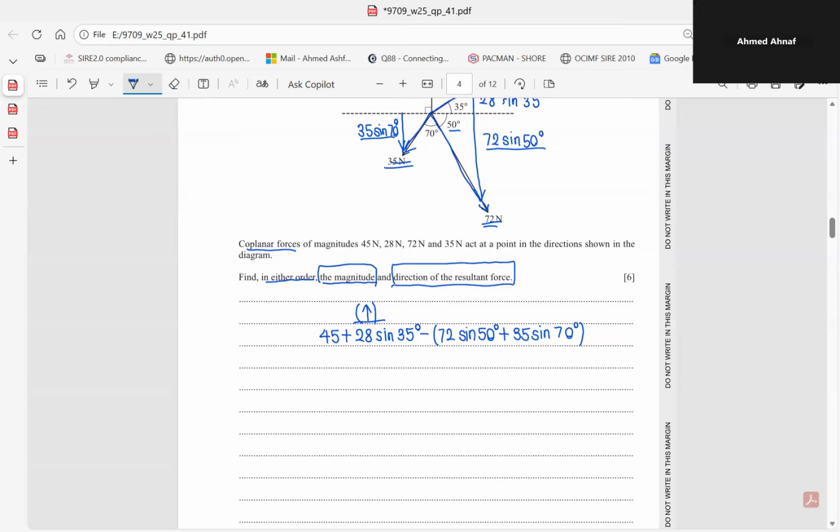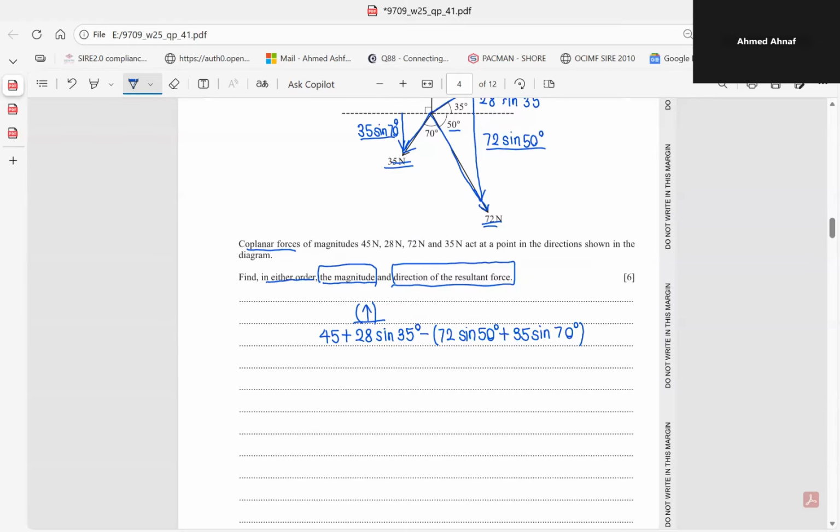So, just type into the calculator first. And make sure that your calculator is in degree mode for this. 72 sine 50 minus 35 sine 70. Okay, so unfortunately we get a negative answer, but don't panic.